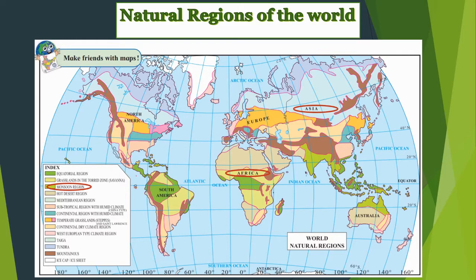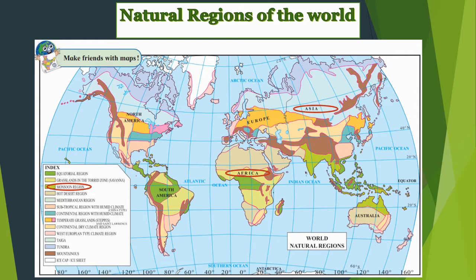Well, the answer is because the land in the southern hemisphere is less and has only two temperate zones. Thus, there are fewer natural regions in the southern hemisphere than in the northern hemisphere.